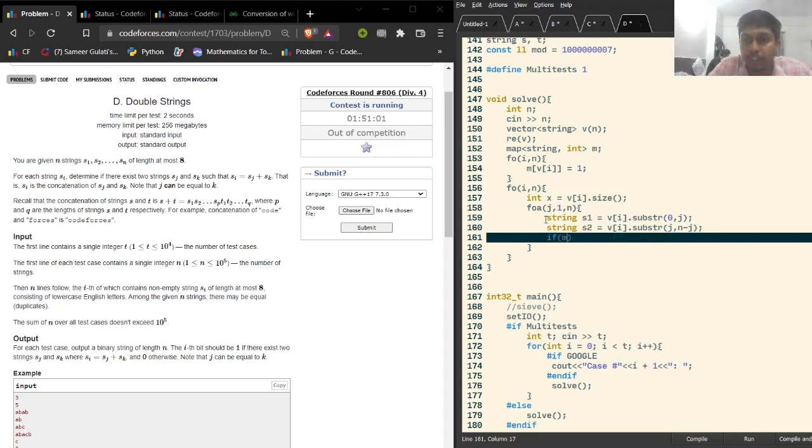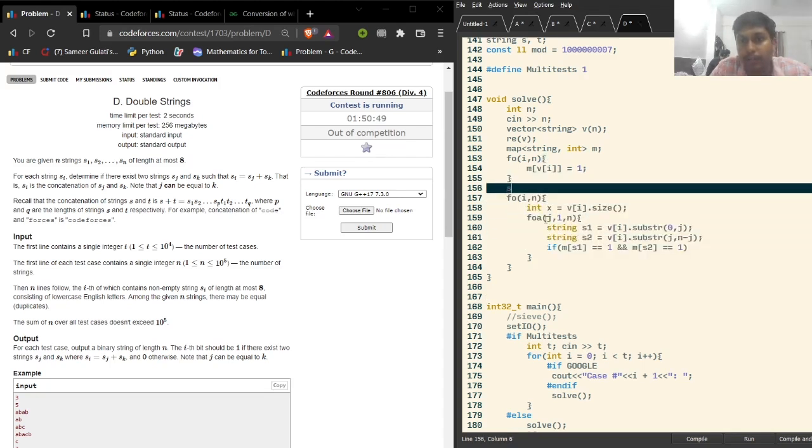Now if both of these strings, m of s1 is equal to 1 and m of s2 is equal to 1, then I would say my answer, right? So string answer, let's just initialize it to all zeros.